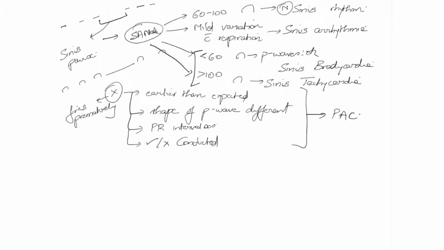Now, an alternative would be that you could have another focus in the atria, and because something happens to the SA node and it doesn't fire, this one beats as a means to keep the heart going. In other words, this would be an escape rhythm. Normally the SA node fires and so the escape rhythm is inhibited, but because now the SA node is not firing, the escape rhythm takes over, and you would now see a wave that's later than expected.